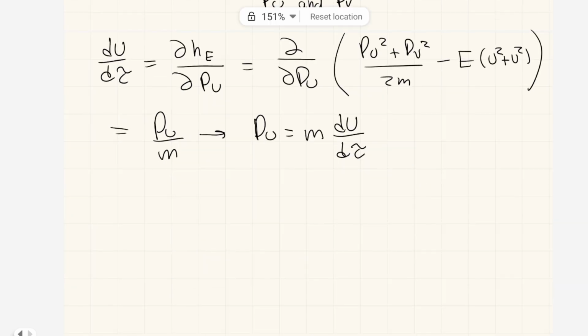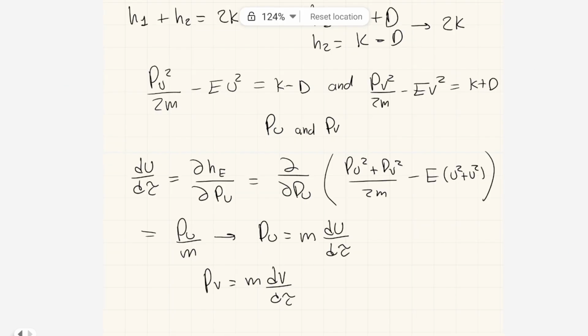If we do something similar, we will find that pv is equal to m times the derivative of v with respect to tau.